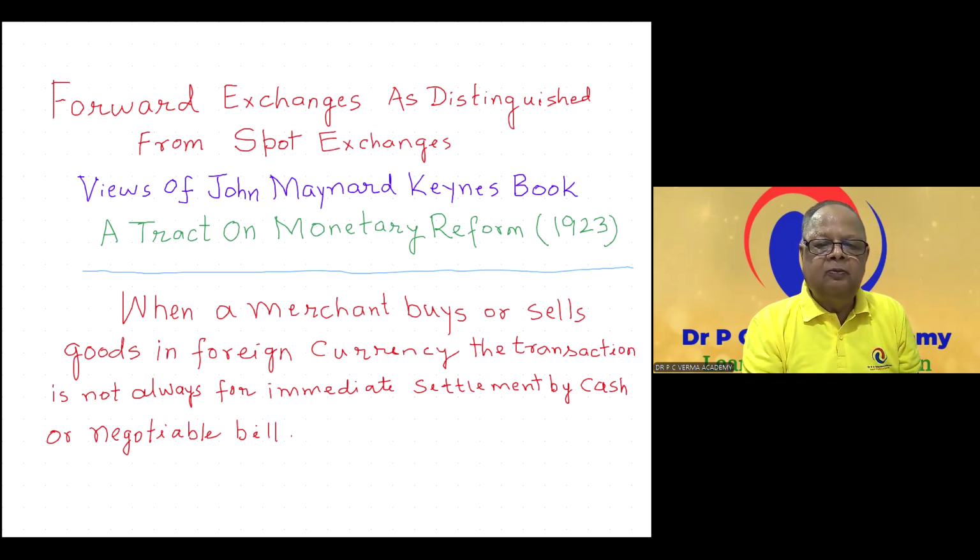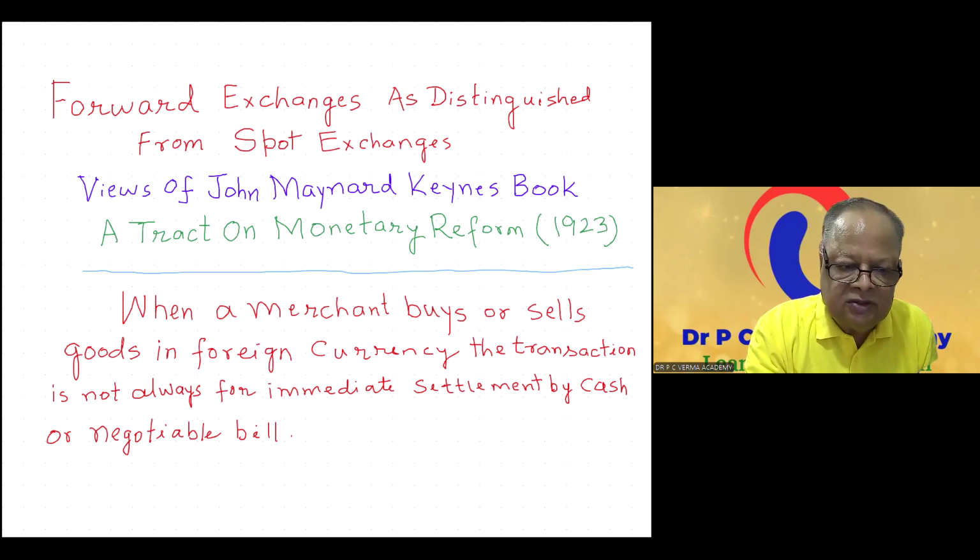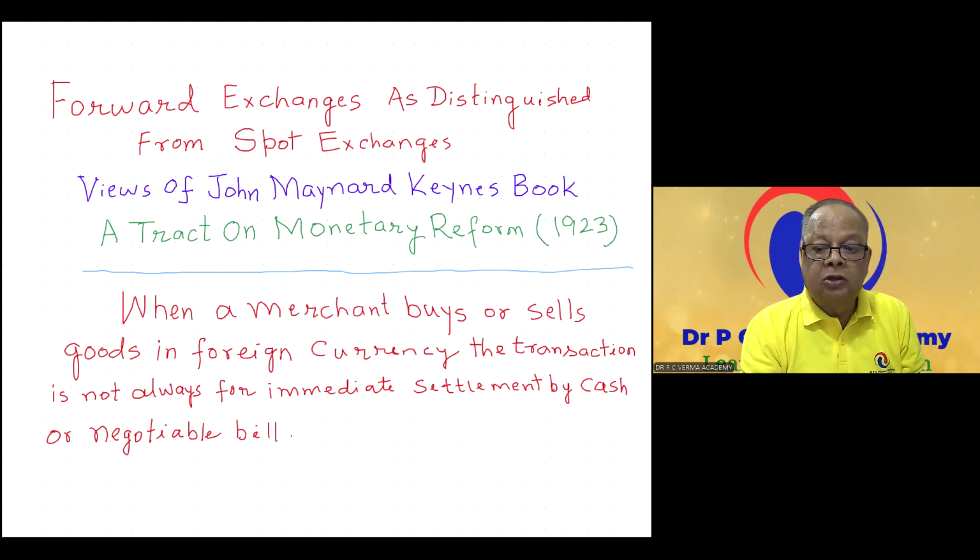If he pays immediately, that is a spot exchange, paying on the spot. But when you decide to buy a commodity next year, suppose in January, for this period from June to January there will be a gap of several months.